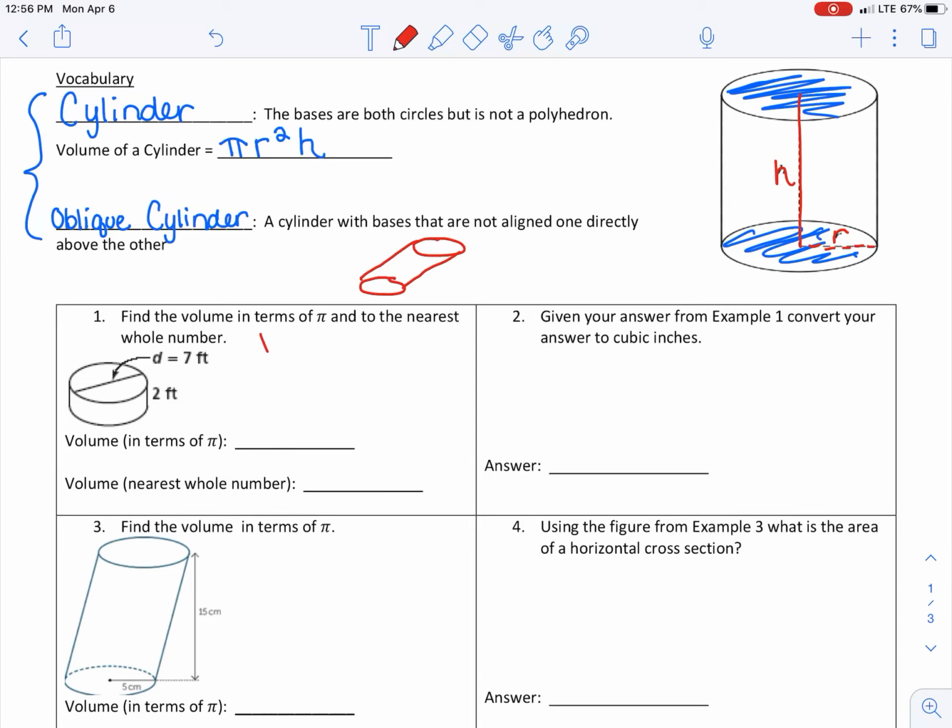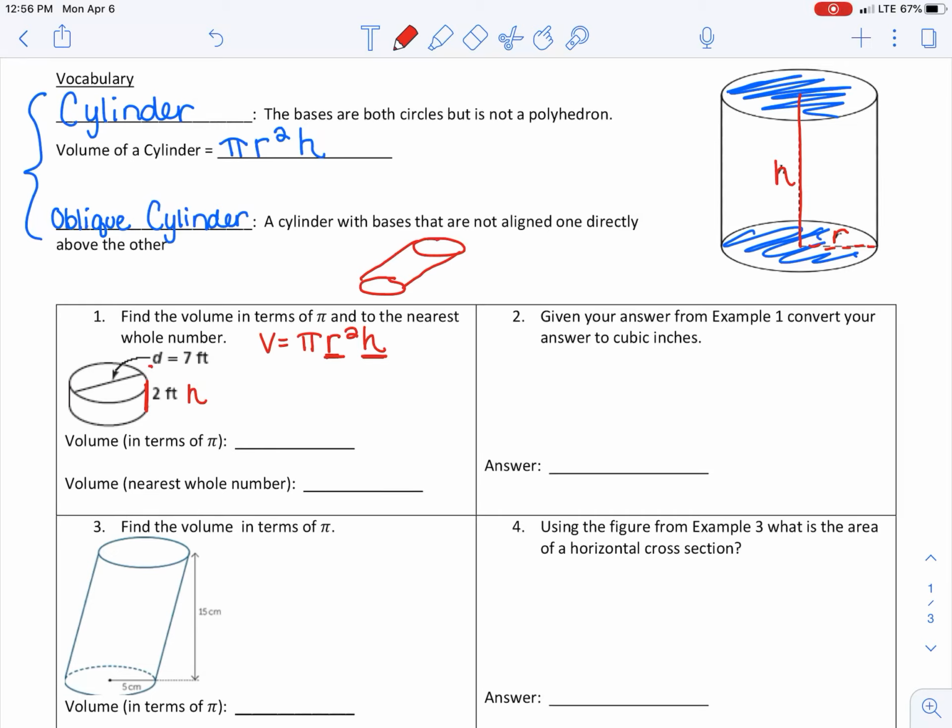The volume is our pi r squared times our height. So we need to figure out what our radius is for r, and we need to figure out what our height is for h. Okay, so we know here this 2 is representing the height of our cylinder.